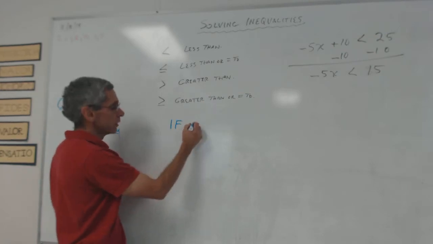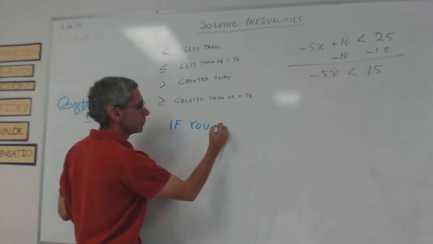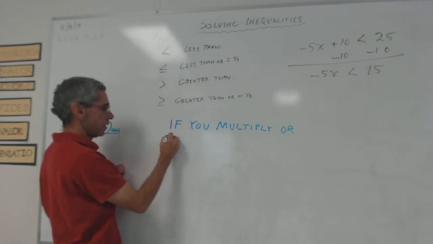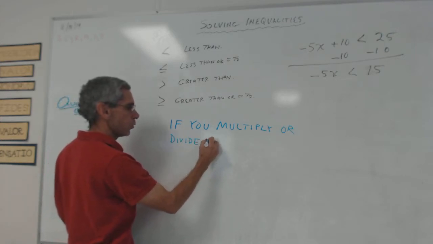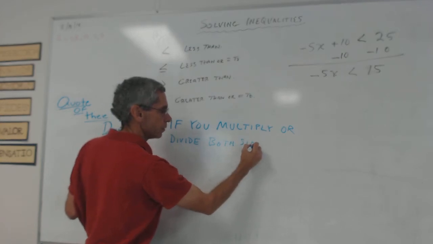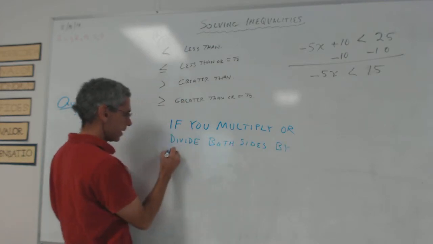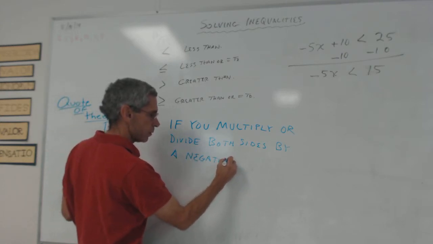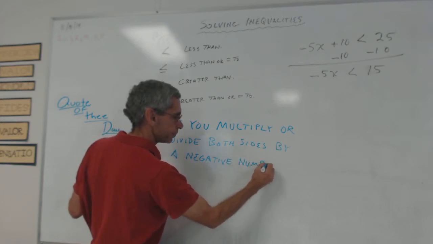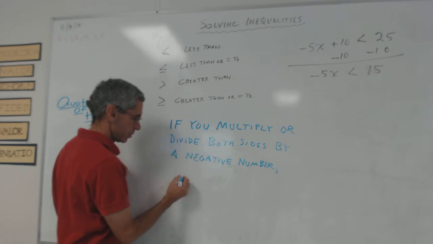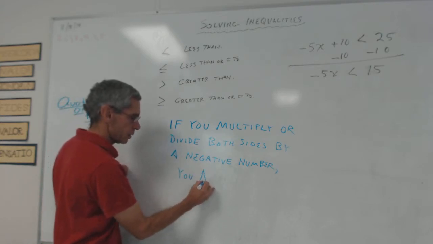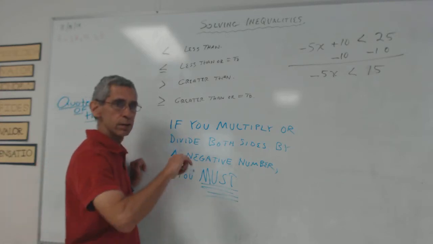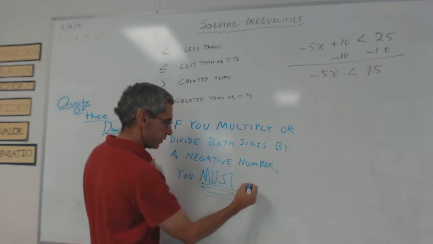So write this down in your notes. If you multiply or divide both sides by a negative number, you must flip the inequality sign.